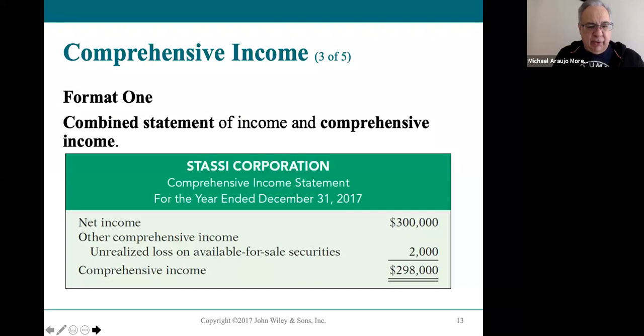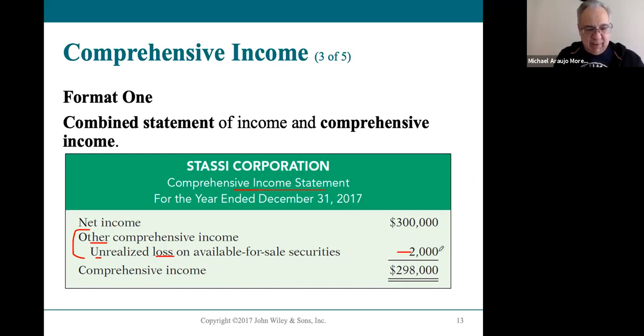So one that you'll see is what's often put on the comprehensive income statement after the profit of the company is reported as net income. You will see their other comprehensive income. And in this case, the unrealized loss on their available for sale securities is $2,000.